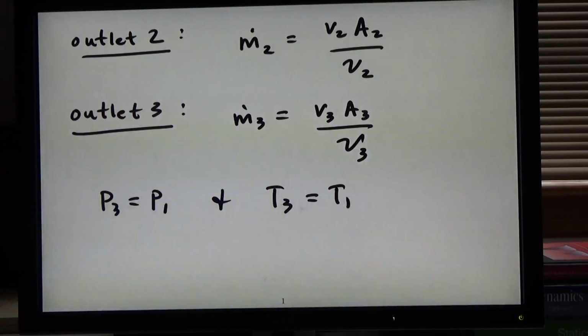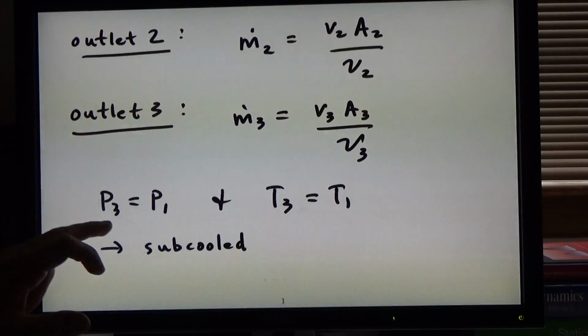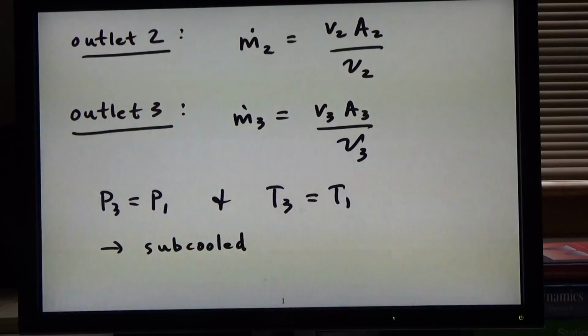That means that it is also a subcooled liquid, and since it has the exact same pressure and temperature, the state is exactly the same. It has the same two intensive independent properties, so it's subcooled, and we don't even have to look up v3. We can just say v3 is equal to v1.